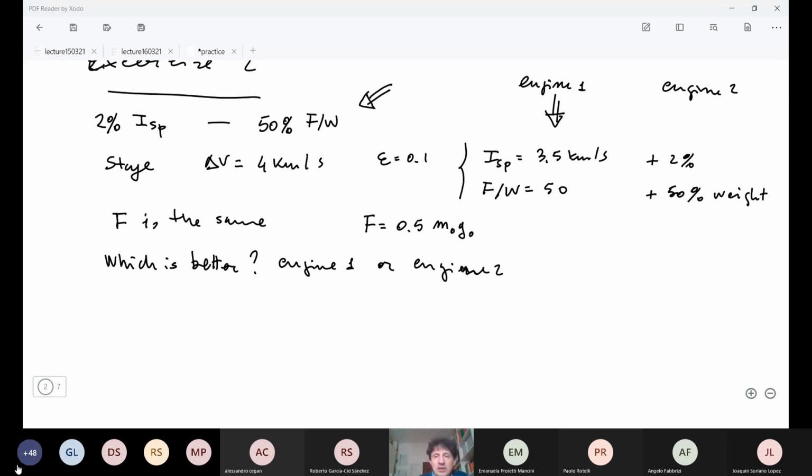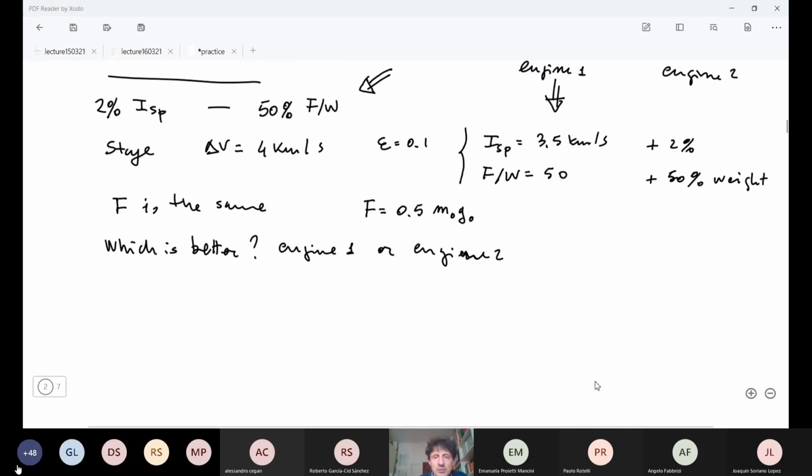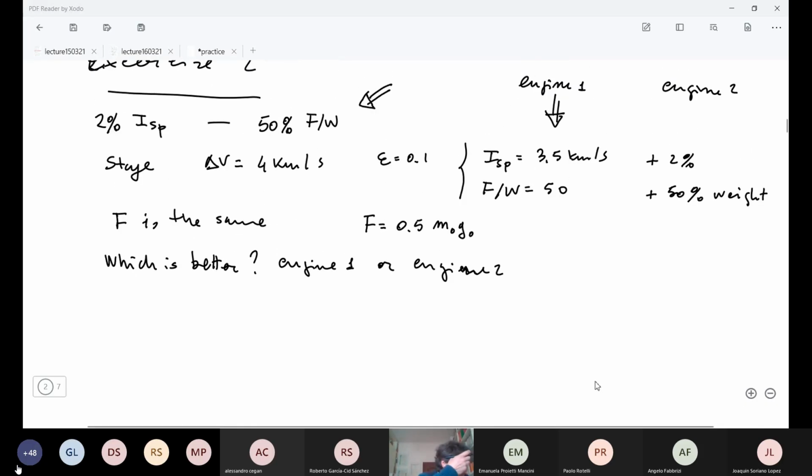So actually our value of Z will be given by, it's without one, it's just a single stage here, so it's 1 minus E minus delta V over Q.